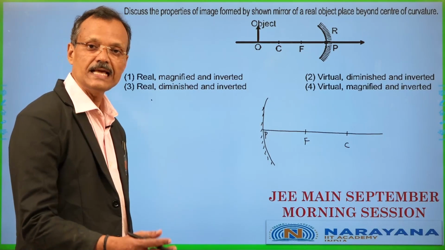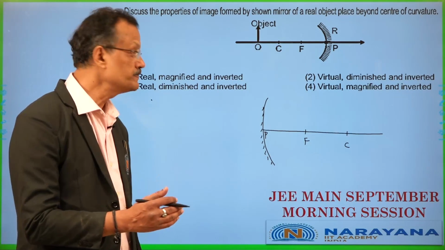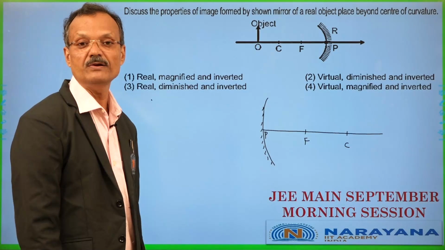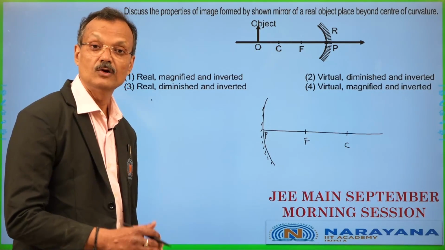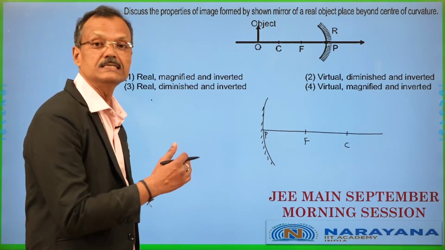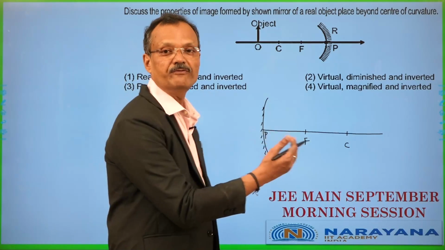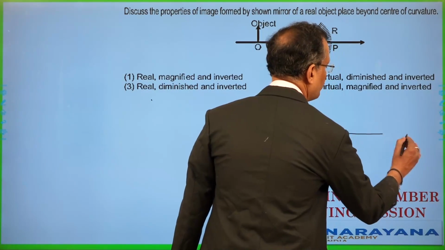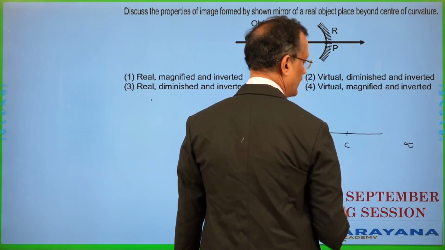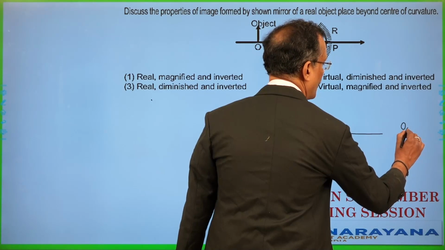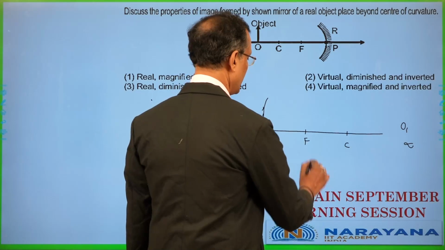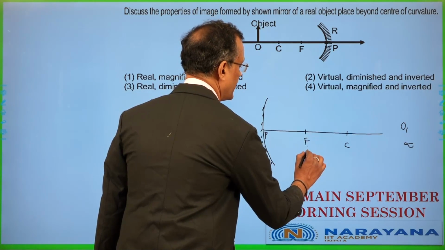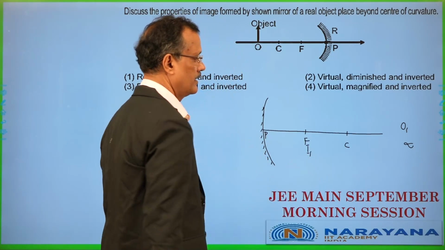As the object step by step comes nearer to the mirror, the real image step by step will move away from the focus. You remember, if this is the position of the object, position 1, its image will be formed here, I1.